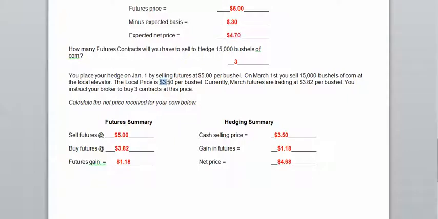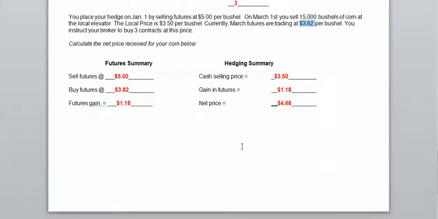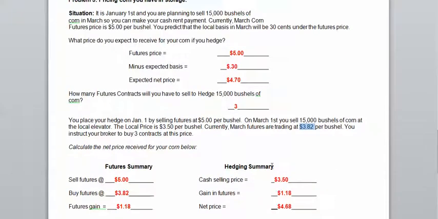Because our basis was 32 cents instead of the 30 cents that we predicted. So remember, when we're figuring out our realized price on a hedge, we need to know what we sold futures at, what we can buy futures back at, and what we have for a cash sales price.